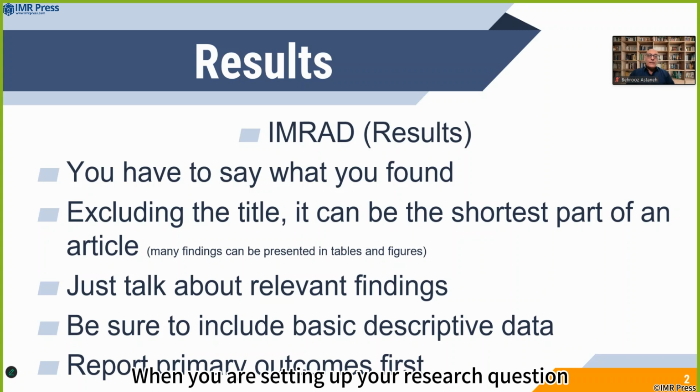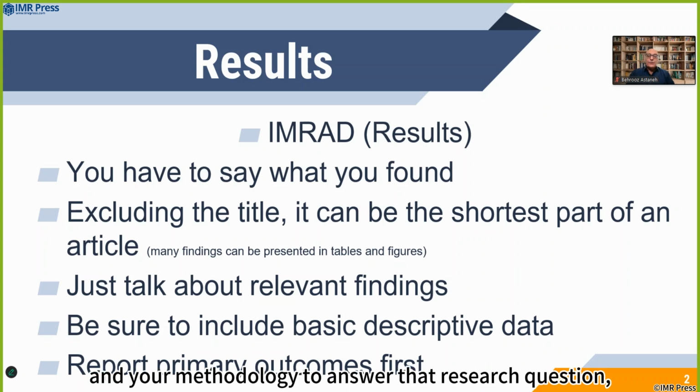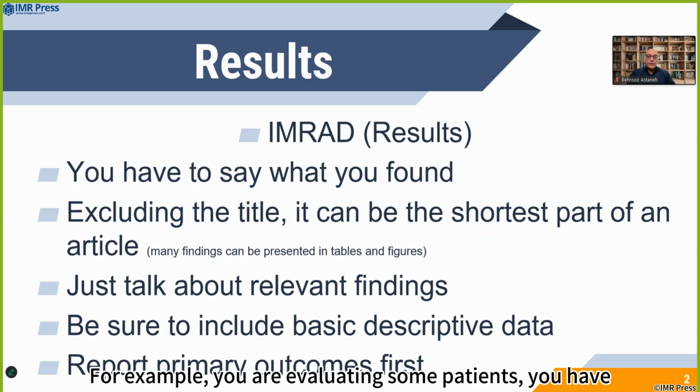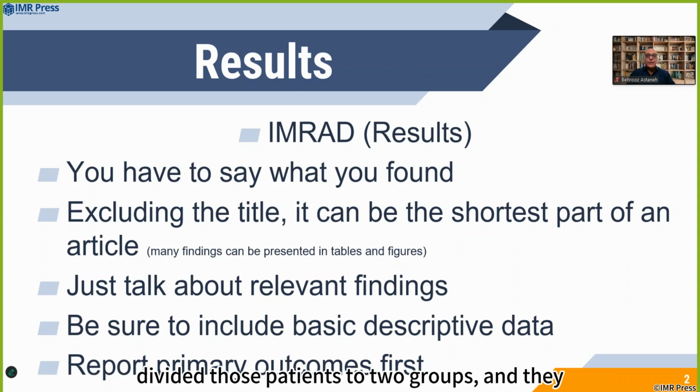When you are setting up your research question and your methodology to answer that research question, you also set up some outcomes to reach. So you are evaluating some patients. You have divided those patients into two groups, and they are scheduled for being operated on. And one of the outcomes that you are considering is, for example, mortality after the surgery.